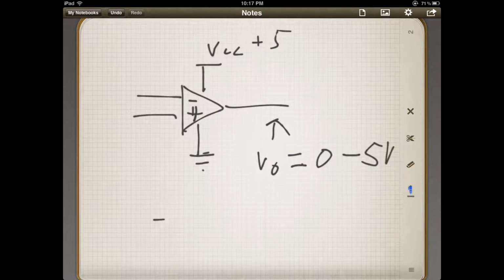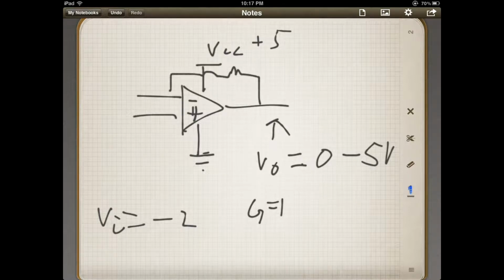Okay, so even if on the input we put -2 volts as our input, and let's say our gain equals 1. So basically our resistors are 10K and 10K on our feedback network. So if we had our feedback network here, and our input resistor and our ground here, like that, and this is V in, and that one's V out.